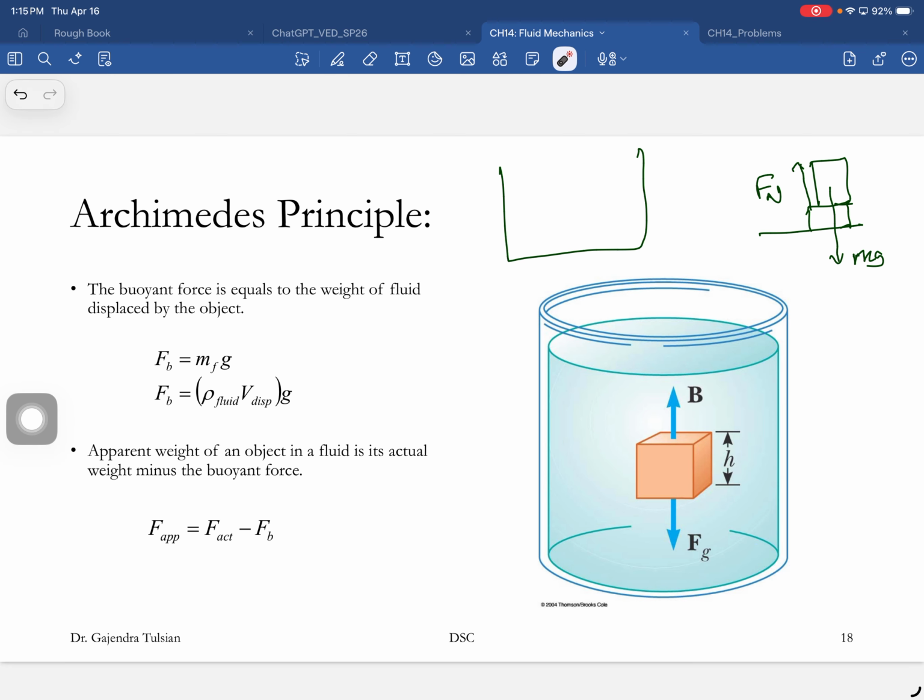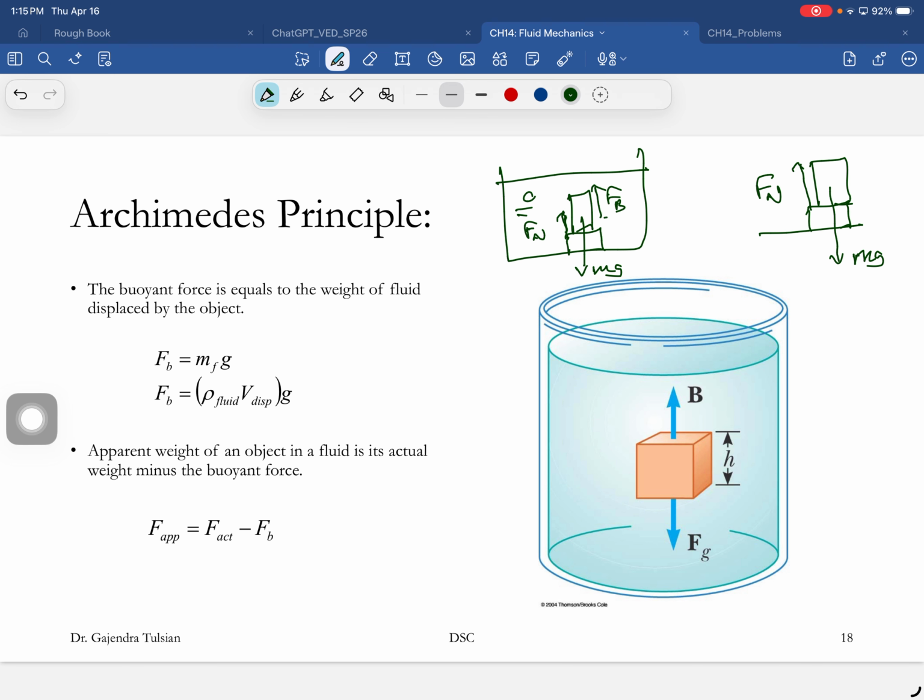Gravity acts, but now there's a buoyant force equal to gravity, so Fn, the normal force, is almost zero. So you're weightless, and that's why astronauts train underwater for space flights. So your apparent weight is equal to the actual weight minus the buoyant force.